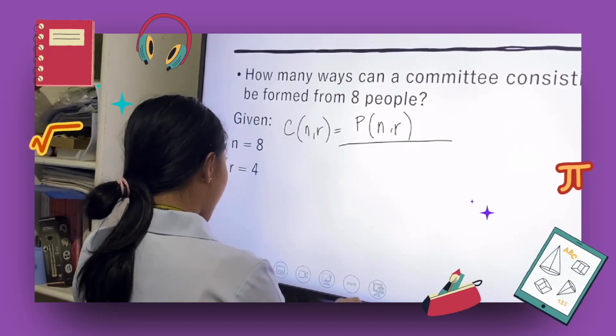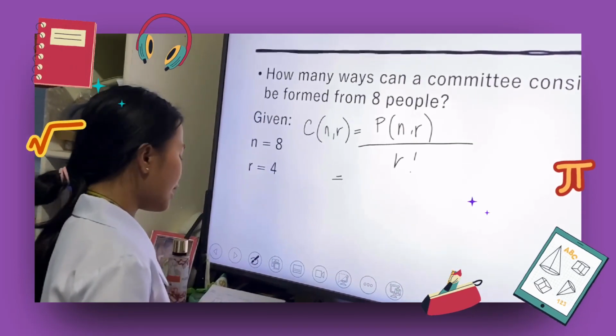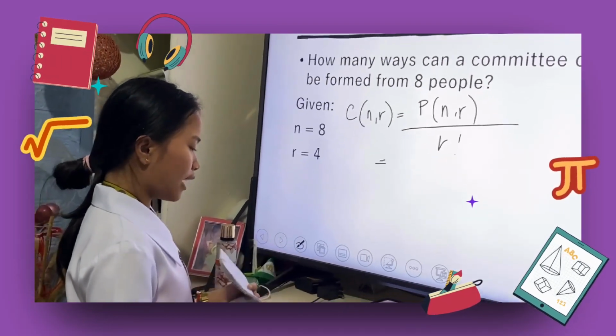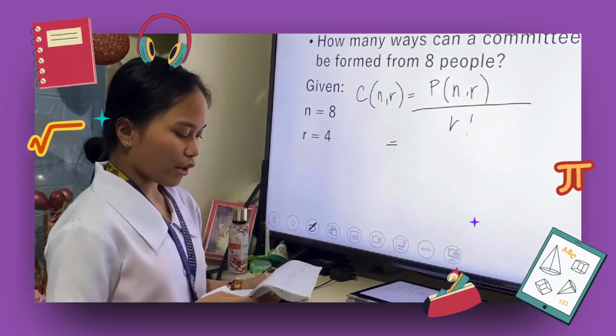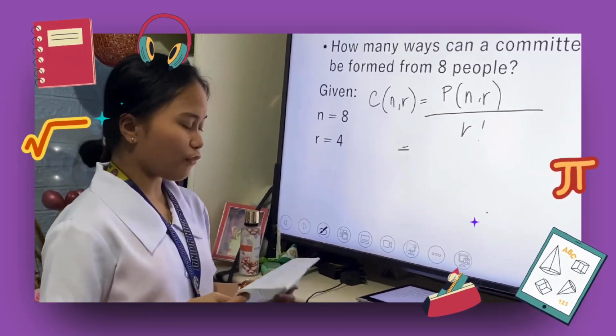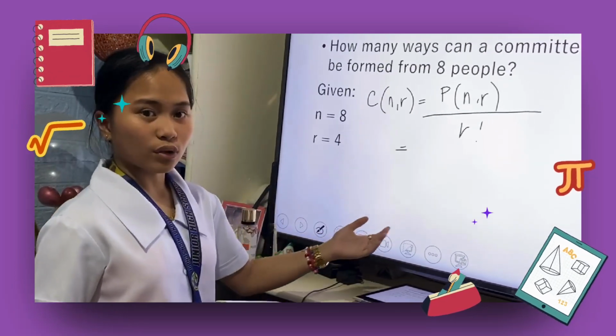It is then divided by r factorial. So for here, it basically means the combination of n taken r at a time where n is equal to or greater than r is equal to the permutation of n taken r at a time over r factorial.